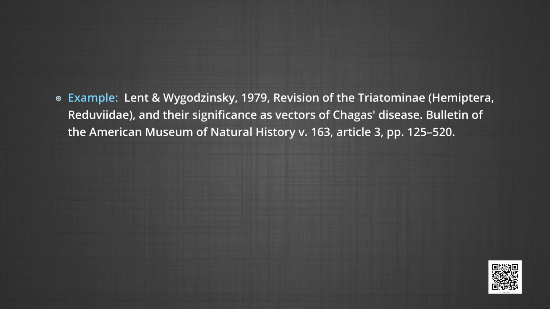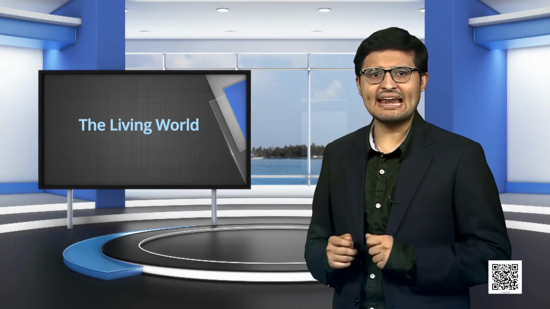Example, Lent and Wygodzinsky's 1979 revision of Triatominae and their significance as vectors of Chagas disease. The first ever monograph of a plant taxon was Robert Morison's 1672 Plantarum umbelliferarum distributio nova, a treatment of the Apiaceae.